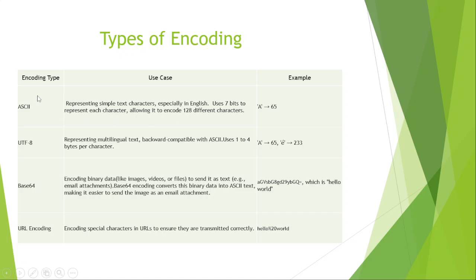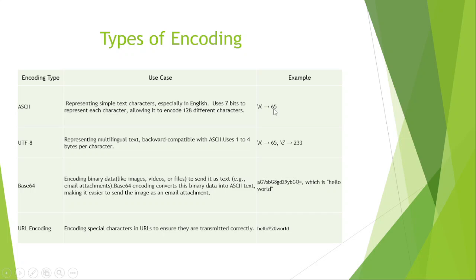Okay, so ASCII is an encoding that helps us encode English characters, it uses 7 bits of memory for each character, and it only allows up to 128 characters. For example, if you want to encode A, A is represented by 65 in encoding. When we encode A, the computer understands it as 65. Okay.